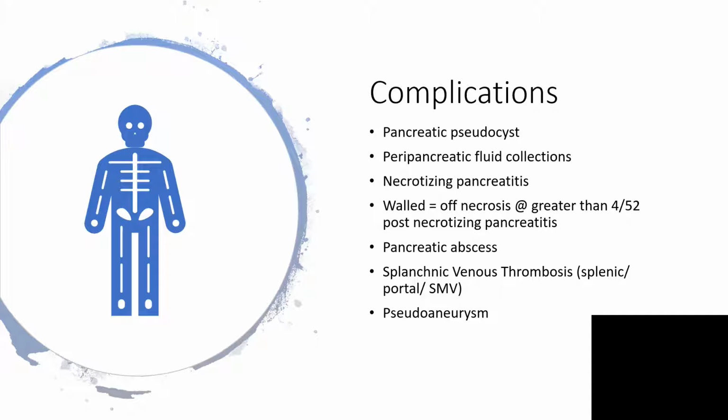There's possibility of pancreatic abscess, splanchnic venous thrombosis, and that is splanchnic or portal or superior mesenteric vein thrombosis. And of course, there's possibility of pseudoaneurysm. So complications of acute pancreatitis are many.